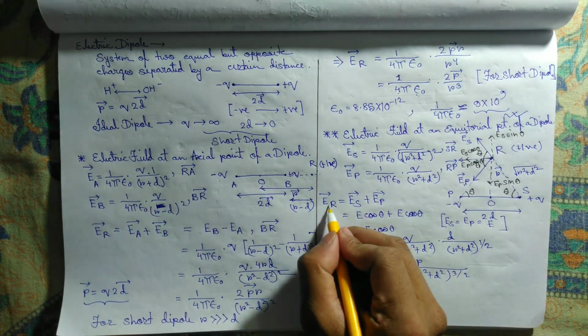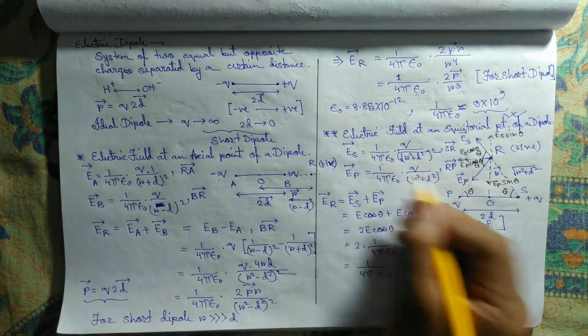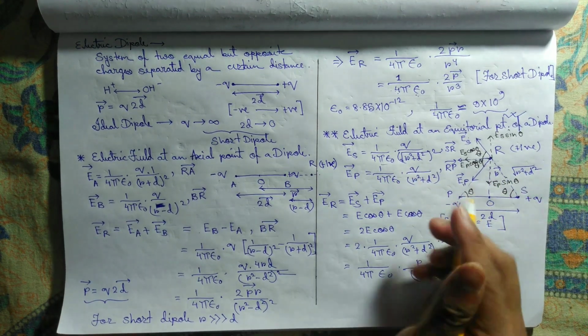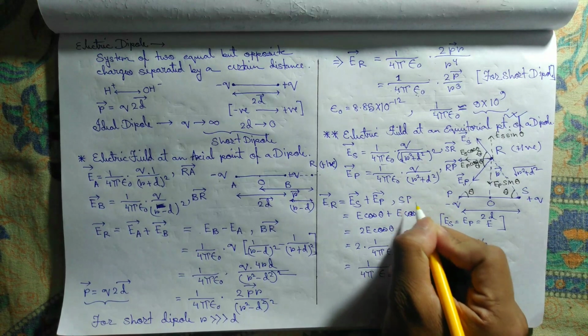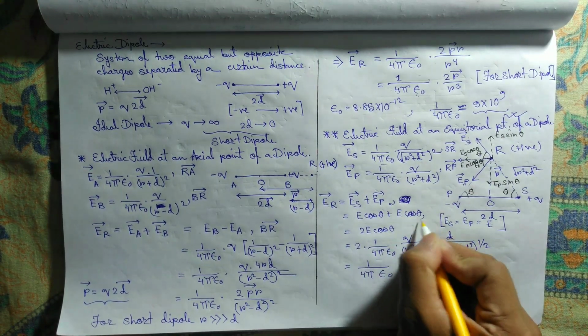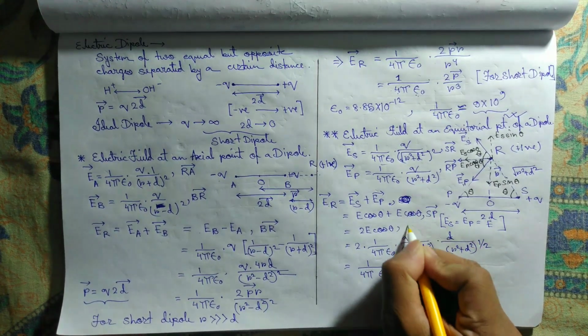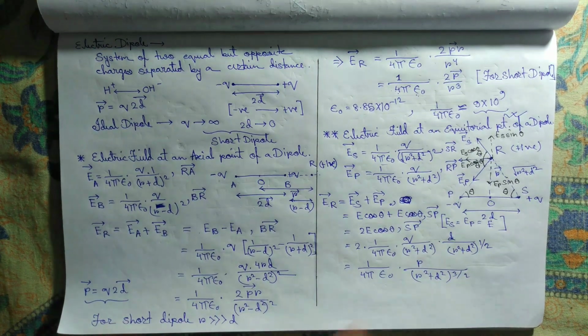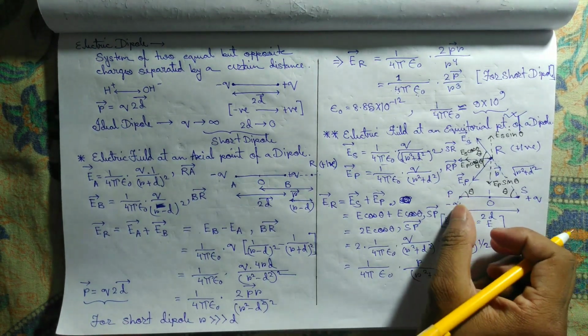Okay, what is the direction of the resultant field? It will be along this direction, parallel to PS or SP. Sorry, here not along SP, but along PS. So this is just the opposite direction of the dipole moment.